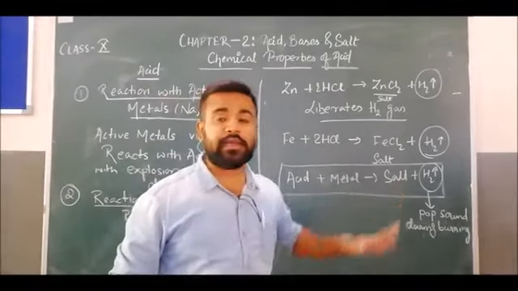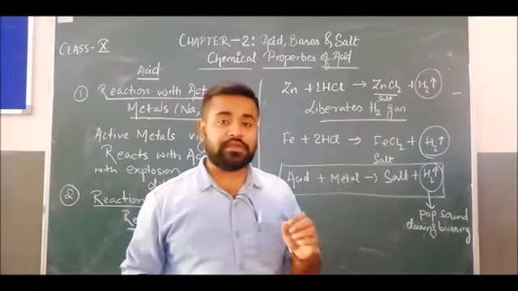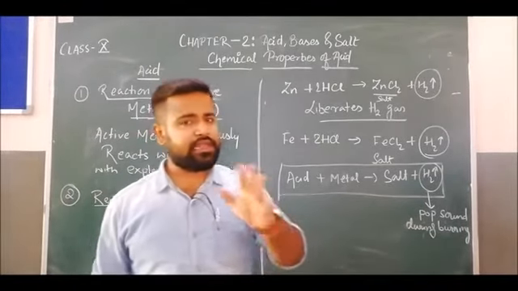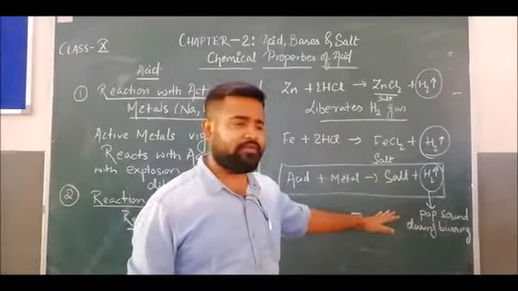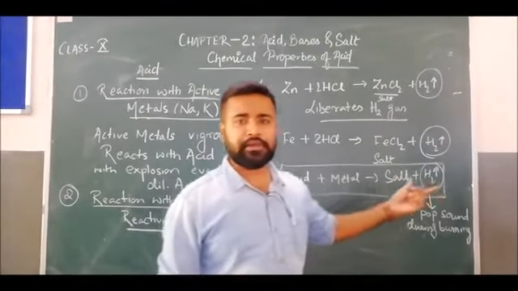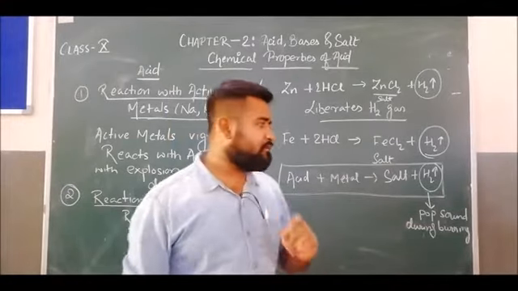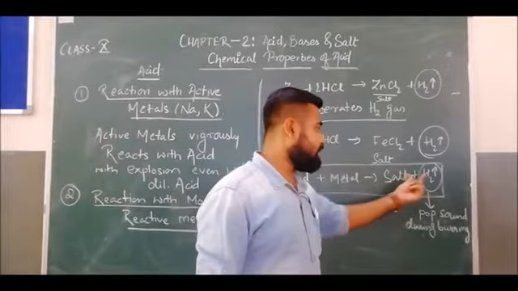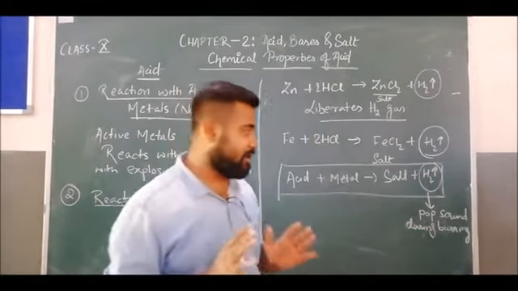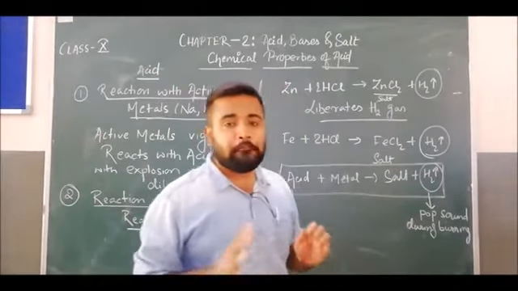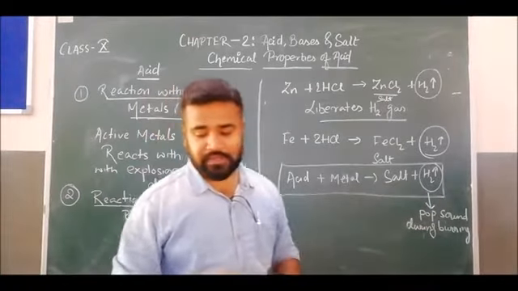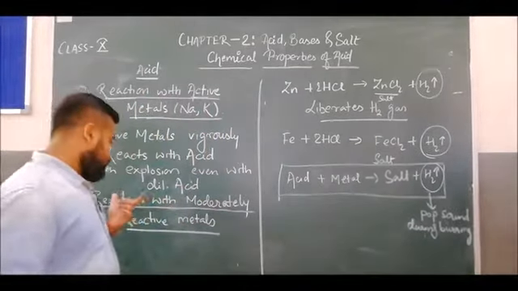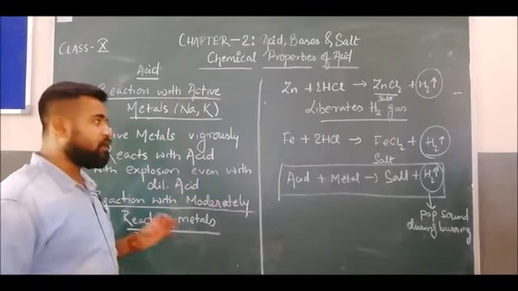In this way we can determine that hydrogen gas is released. In the next video I will show you by an activity how hydrogen gas is liberated. But remember, when an acid reacts with a metal, it gives salt plus hydrogen gas, and hydrogen gas burns with a pop sound. Clear? So this is the second property, that is the reaction of acid with moderately reactive metals.